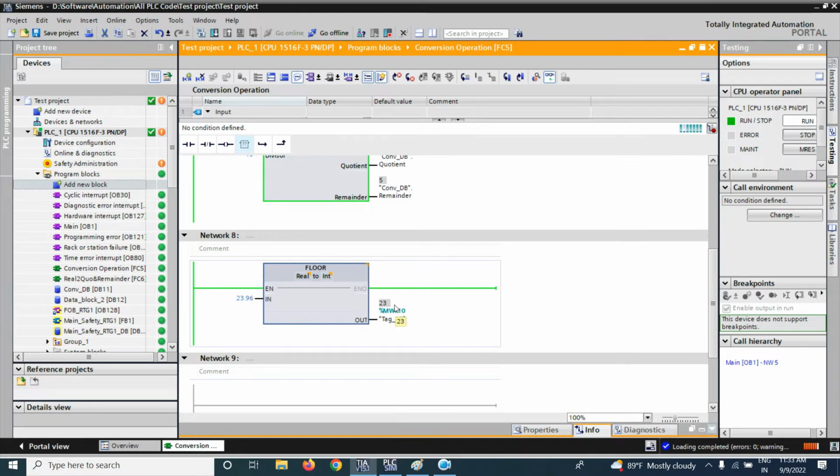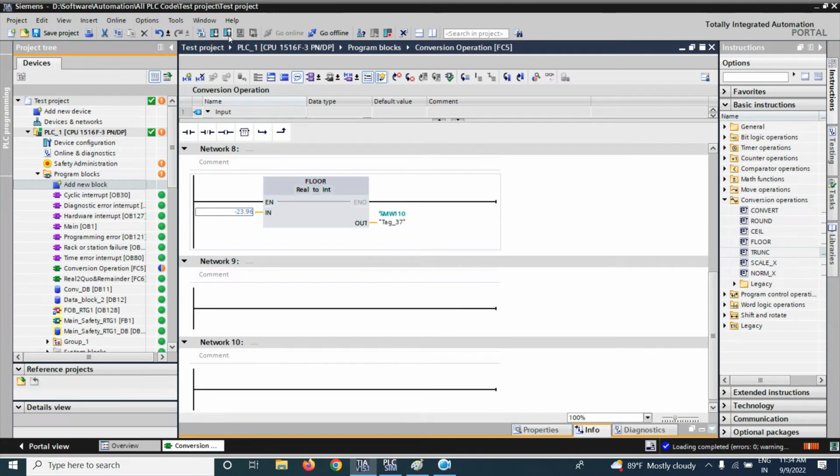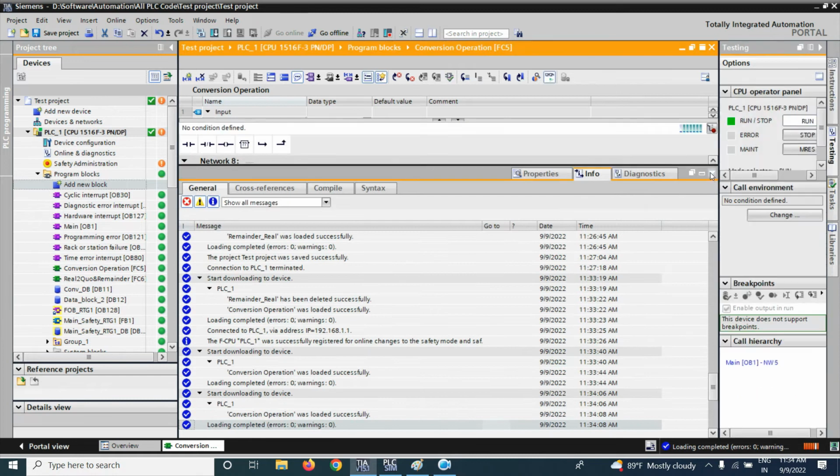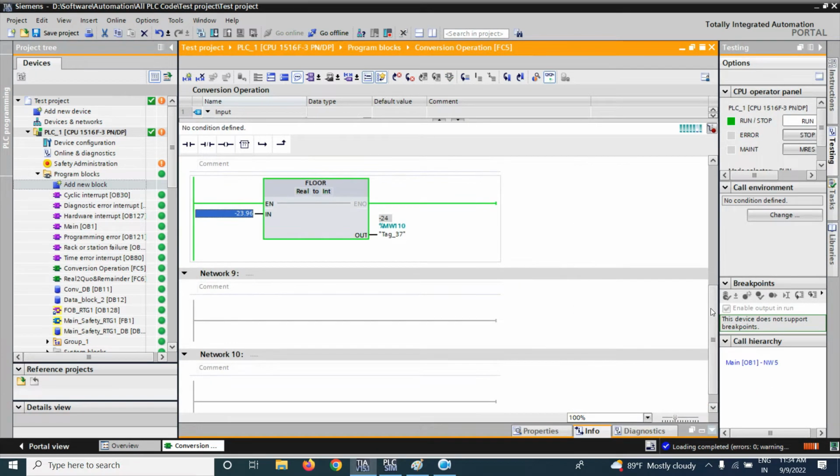So truncate and floor are the same if the input value is a positive real, but if your input is negative 23.96 and I download again, here you can see its value is minus 24, it's not 23.